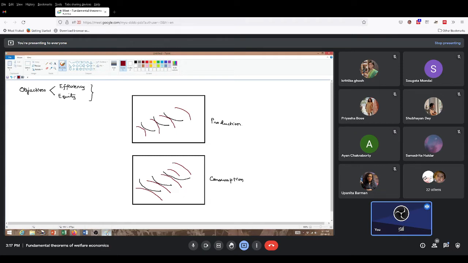In case of production, what is the producer of X interested in? What is he trying to do? If you have to state his objective function, what is he maximizing?